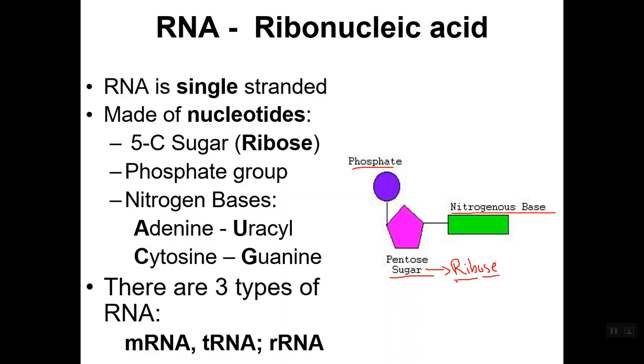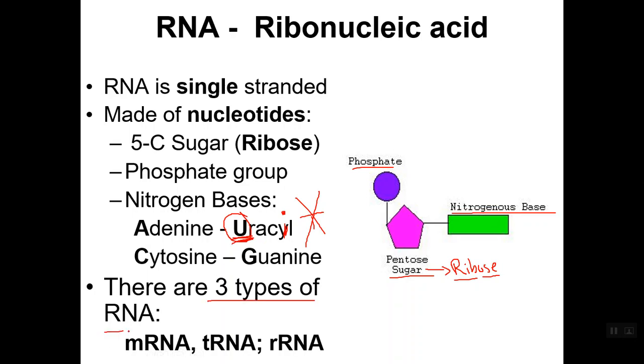Ribose means sugar, whereas in DNA it was deoxyribose. And the nitrogenous bases are almost identical with the one exception of uracil. Uracil replaces thymine. So notice you do not have T's in RNA molecules. That's a giveaway. If you ever see a U, you know you're looking at an RNA molecule.